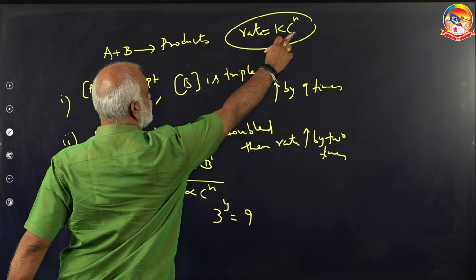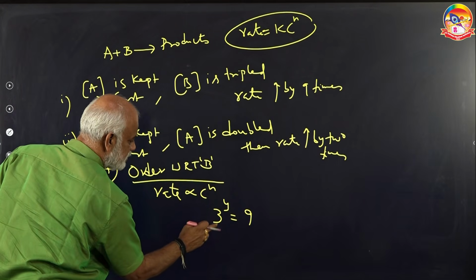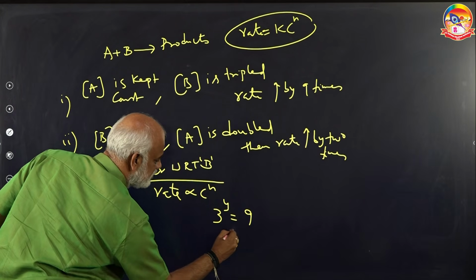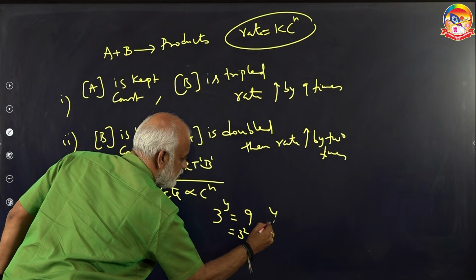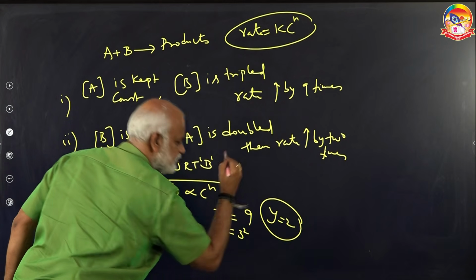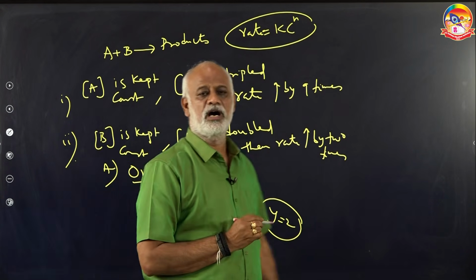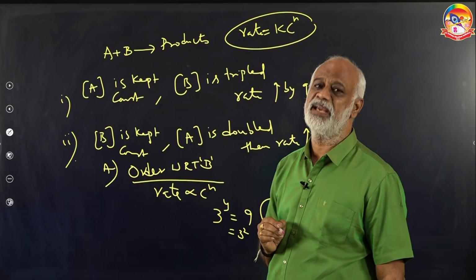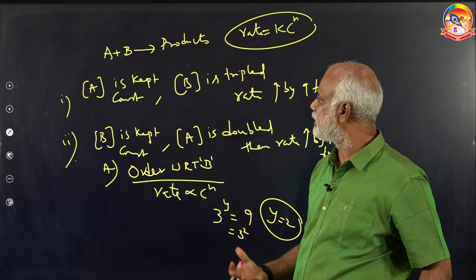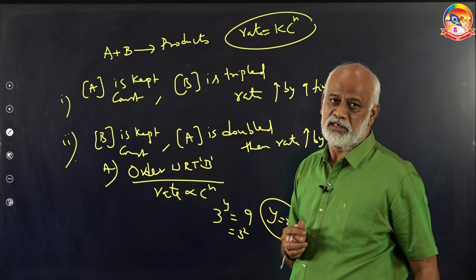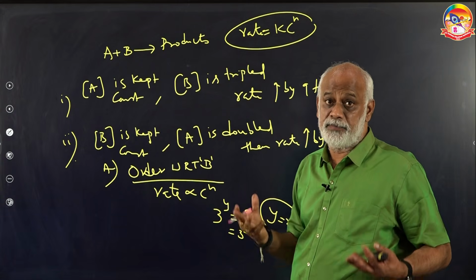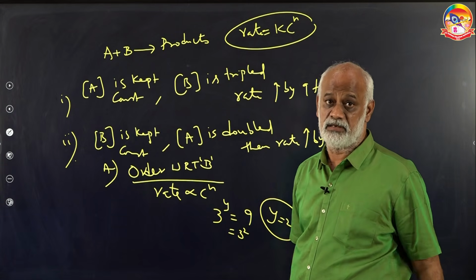Rate is proportional to C to the power n. So 3 to the power y is equal to 9, which is 3 square. y is equal to 2. This 2 is called order with respect to B. It means by tripling the concentration of B, you are making the rate increase by 9 times.